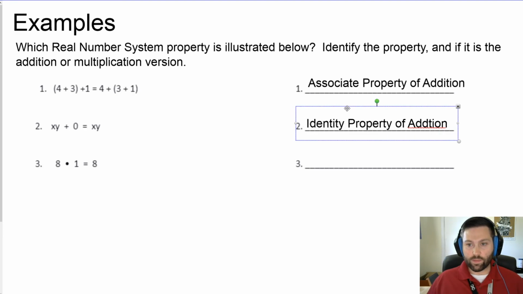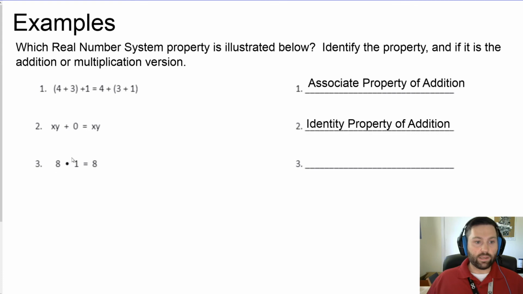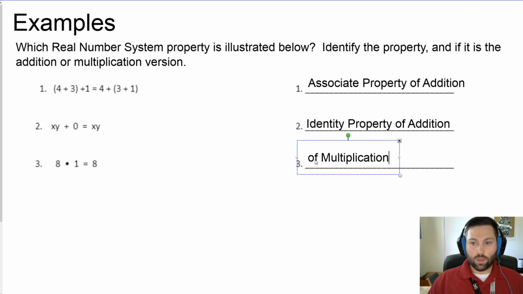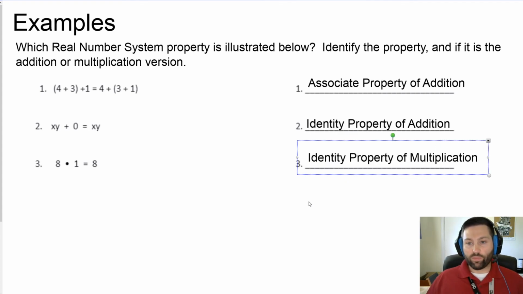So we have the identity property of addition. And the last one, 8 times 1 equals 8. So I multiplied 8 by 1, so I definitely know that it's going to be of multiplication. I multiplied 8 times 1, which happens in the identity property. So this is the identity property of multiplication.